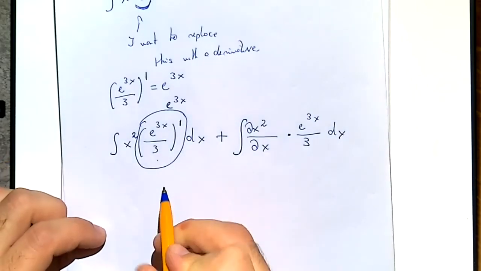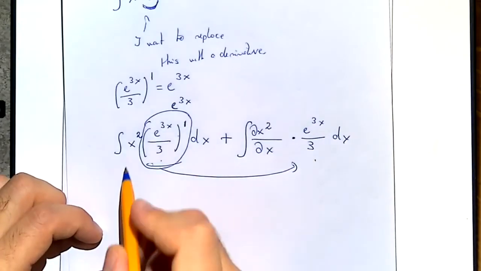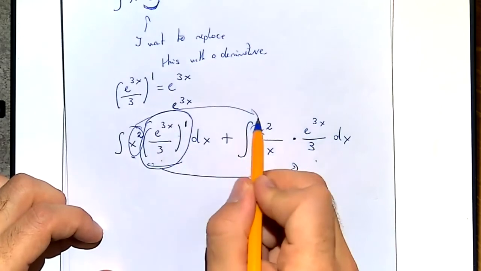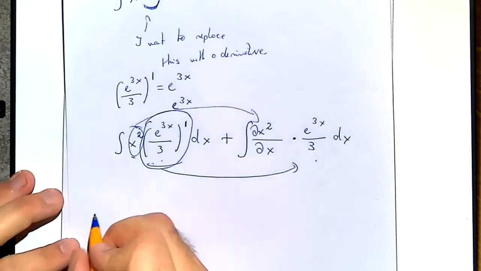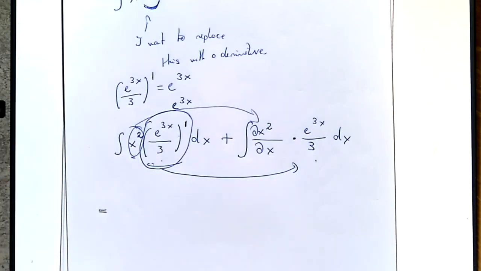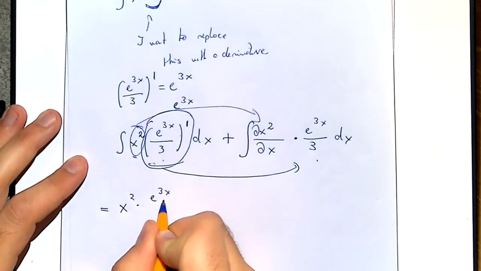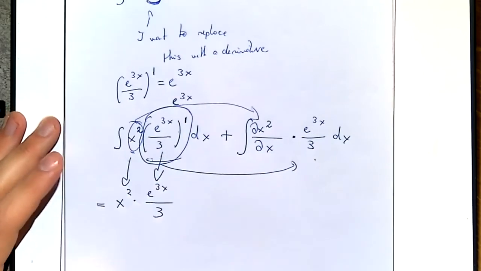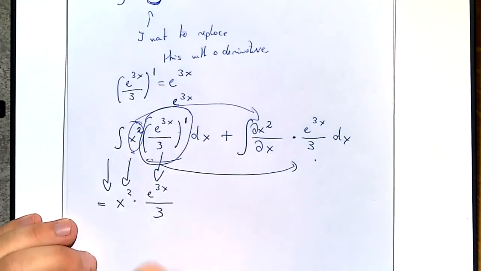Notice here, derivative; here, no derivative. x squared here, no derivative; here, derivative. And this is equal to x squared multiplied by e^(3x) over 3: no derivative, no derivative, and more importantly, no integral.